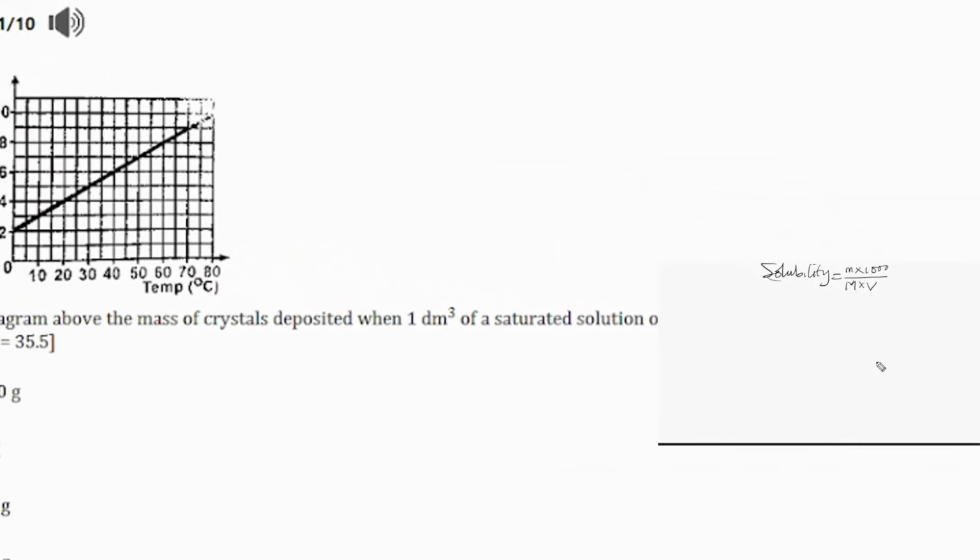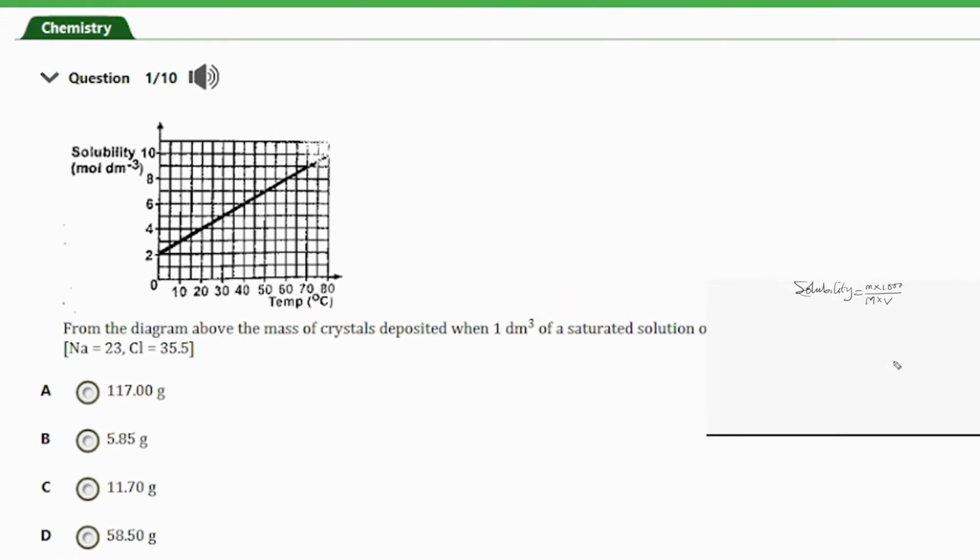since from the graph they said the saturated solution of sodium chloride is cooled from 80 degrees Celsius to 60 degrees Celsius. If we trace the 80 degrees Celsius, that will be at point 10, and when we trace the 60 degrees Celsius, that will be at point 8 on the solubility curve.